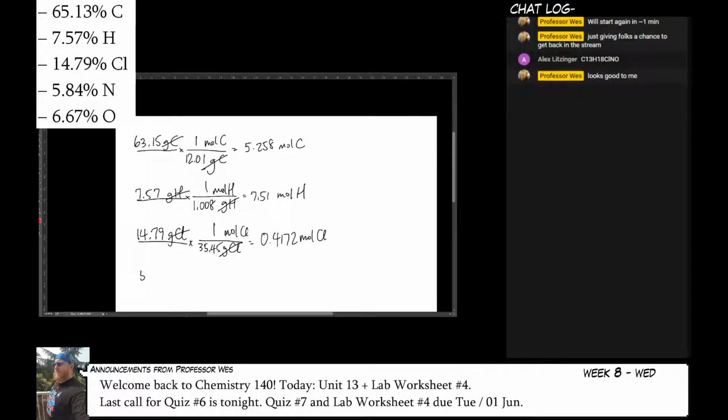For nitrogen, I have 5.84 grams of nitrogen. One mole of nitrogen is 14.01 grams. Punch that in the calculator. 0.417.